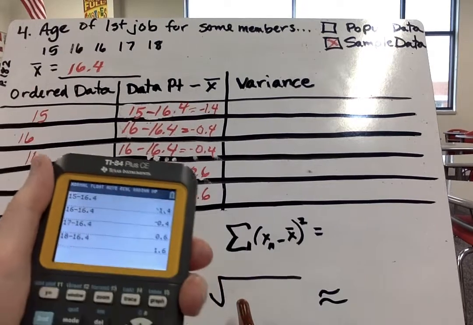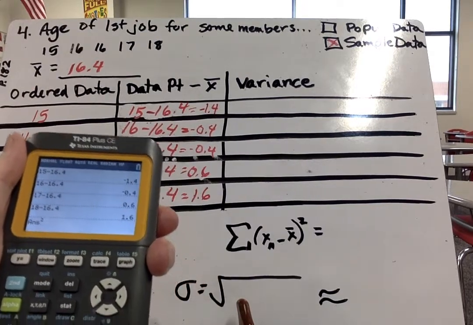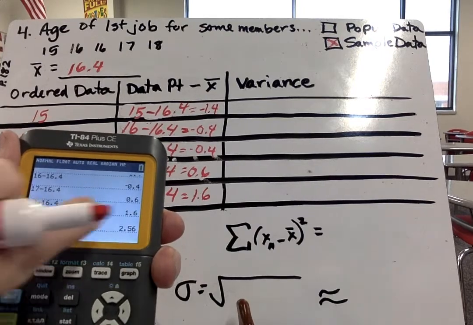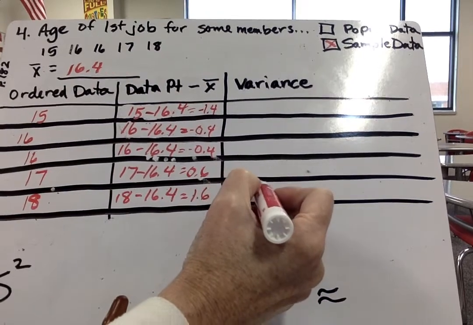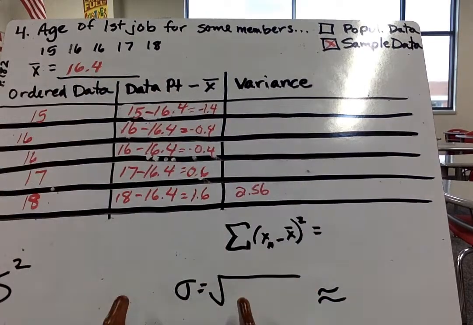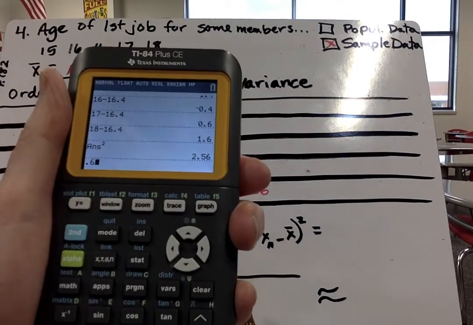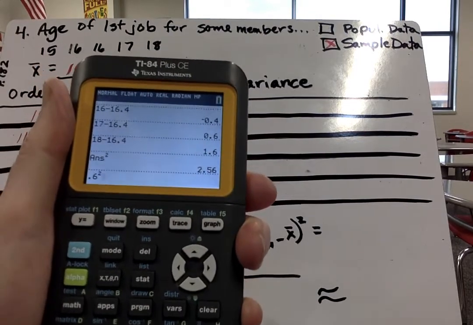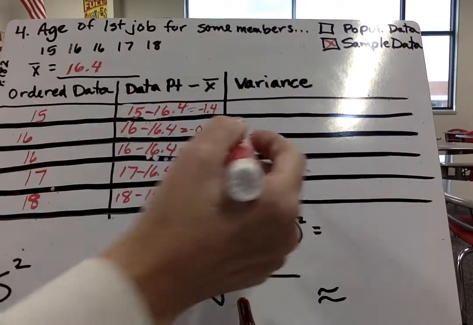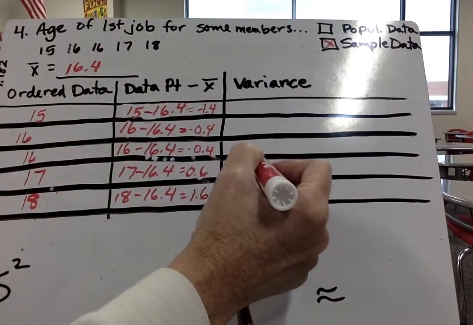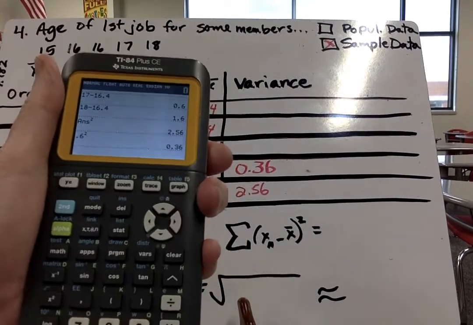Since I already have 1.6 in there, I'm going to just put squared, and it'll take my previous answer and square it. So that's 2.56. Then I take 0.6 and square that: 0.36. Then I take 0.4.